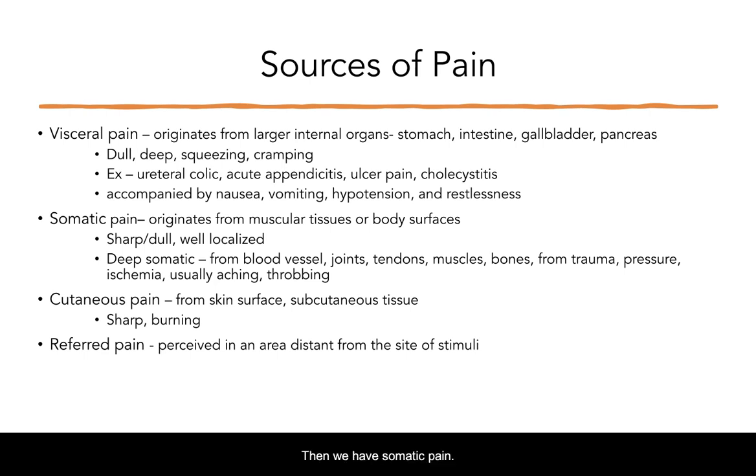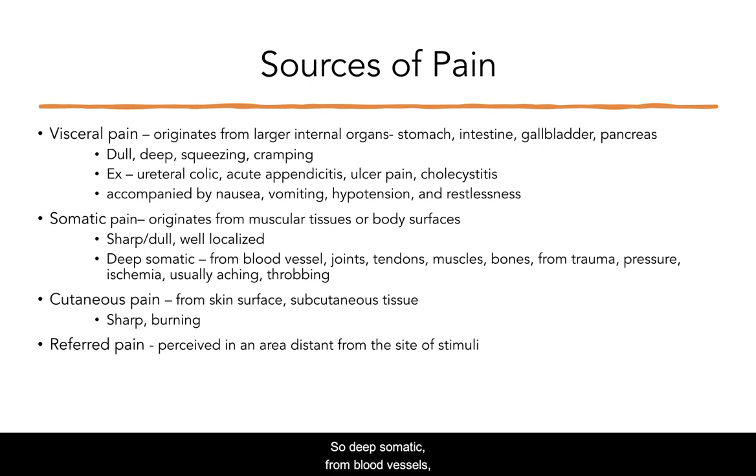Then we have somatic pain. This originates from muscular tissue or body surfaces. This kind of pain is sharp, dull, and well localized. It's in one specific area, because that's where the damage happened, right?